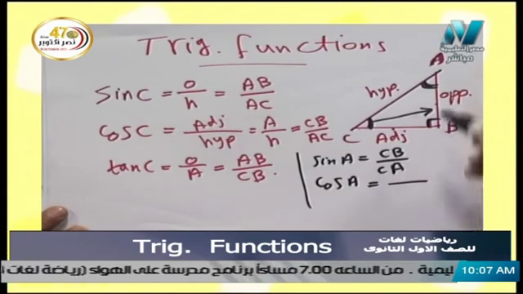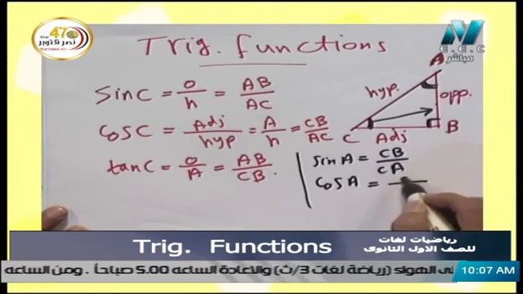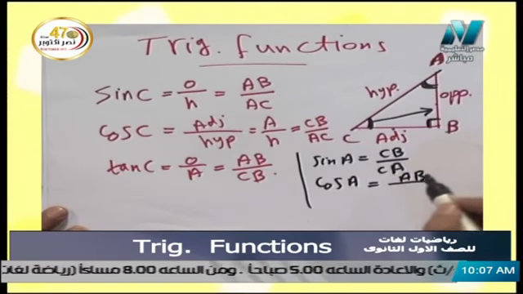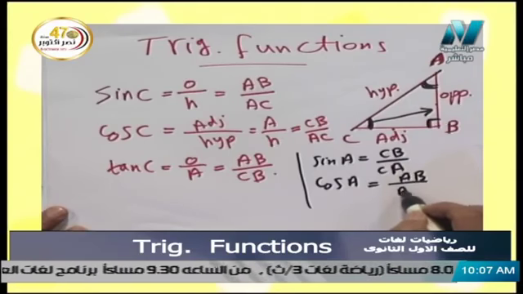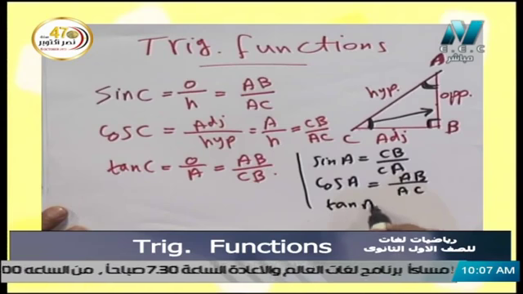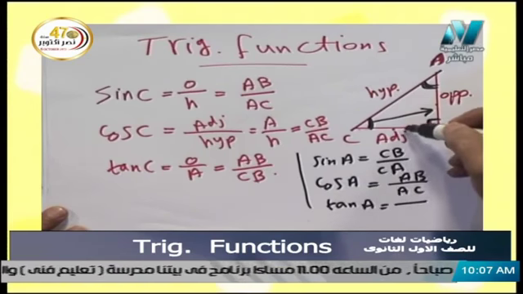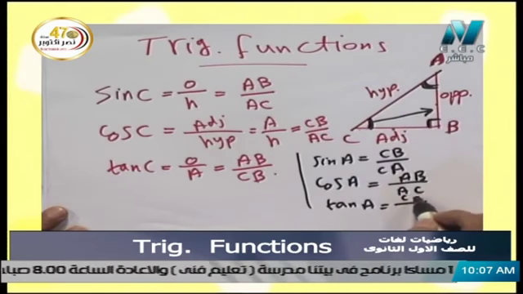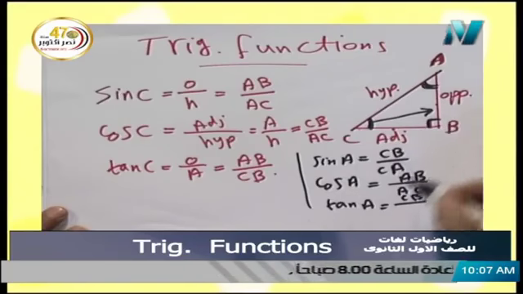Cosine the angle A equals its adjacent, which is AB, over the hypotenuse, which is AC. And tan the angle A will be the opposite, which is CB, over its adjacent, which is AB.